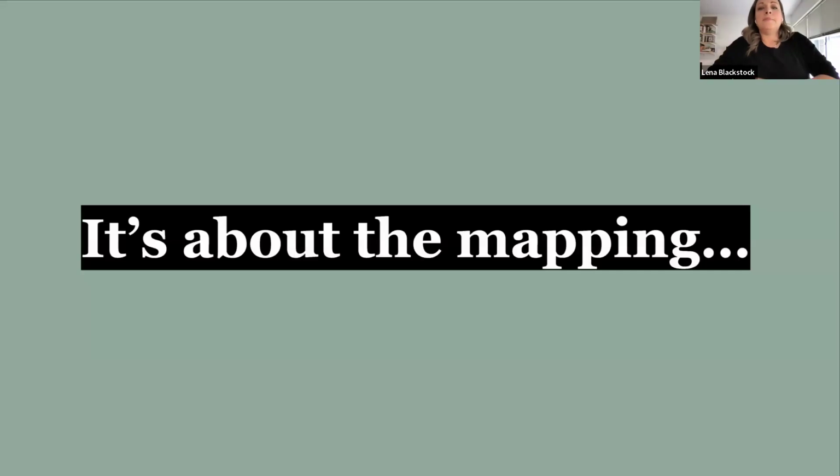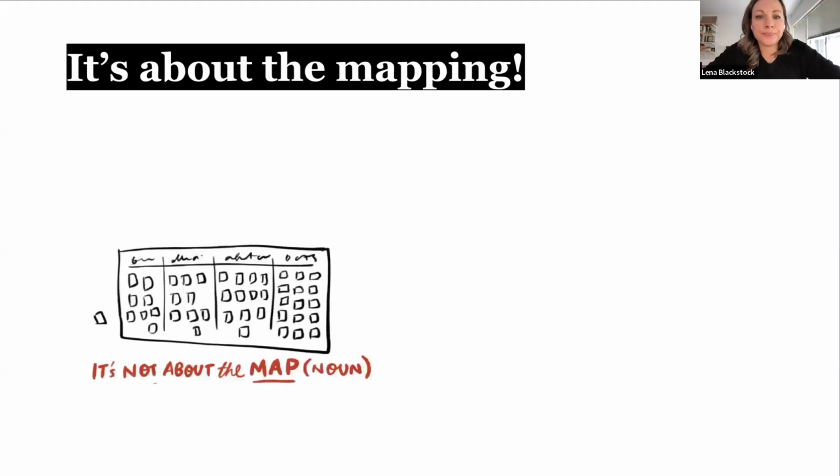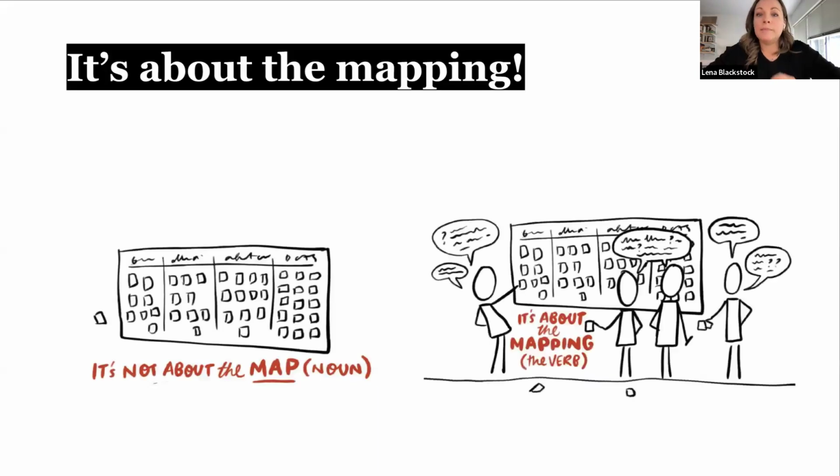Okay, so before we look at a couple real world examples, I wanted to make a quick note about mapping. I'm a big believer that the true value comes not from the map, as in the noun, but the act of mapping together. And this quote comes from Jim Kalbach, and I think it's an important part of service design and delivery, because mapping experiences and journeys is and should be a collaborative exercise.